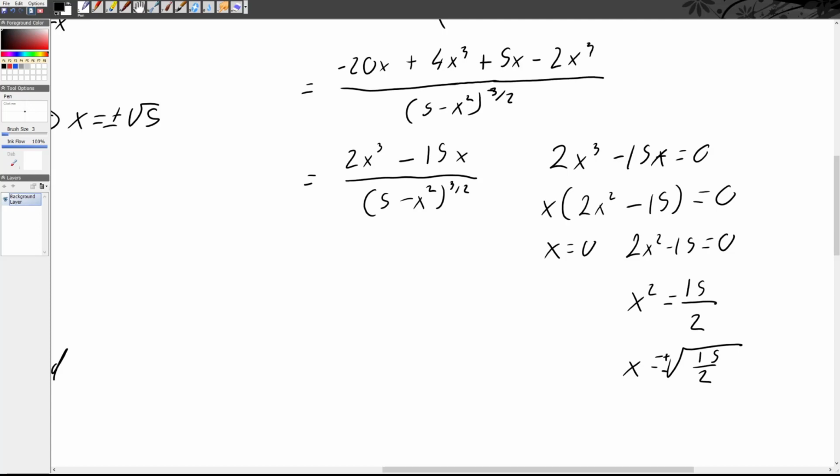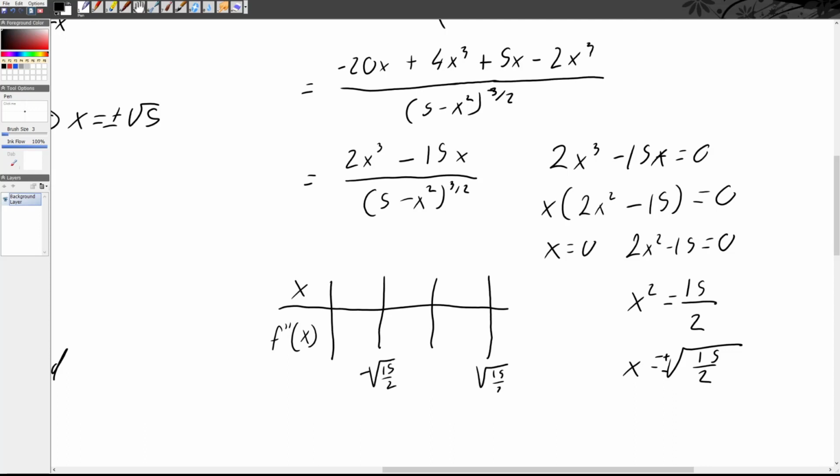And now, once more, we make a sign chart. We have x, we have f double prime of x, and we mark down all of our zeros, or rather, in this case, all of our points of inflection. So negative square root of 15 over 2 on the left, square root of 15 over 2 on the right, and 0 in the middle.